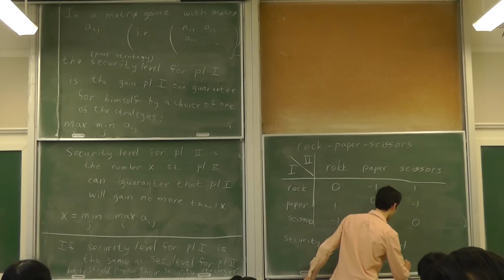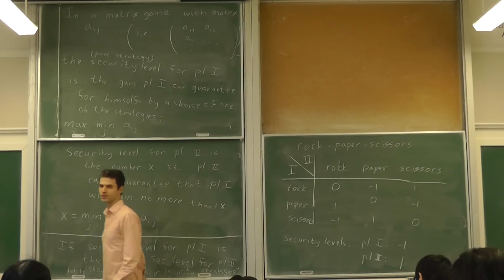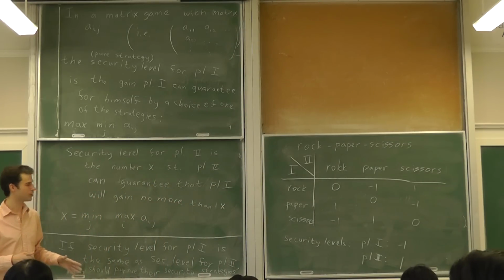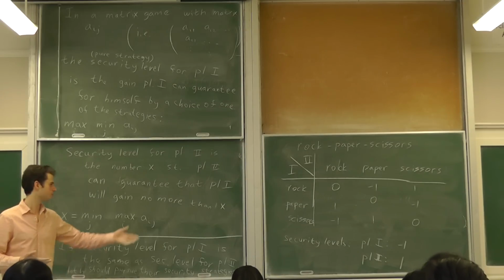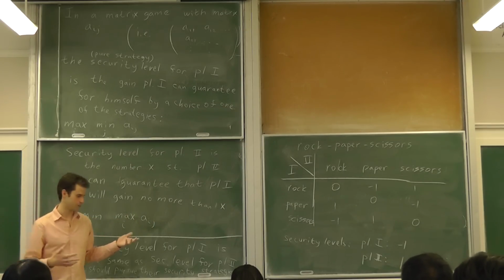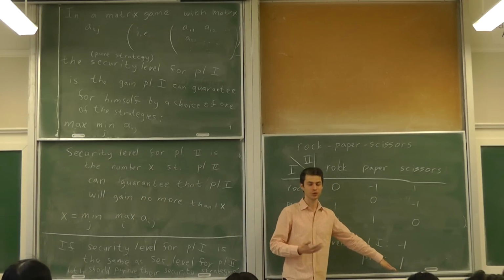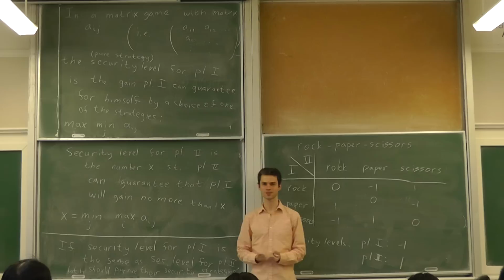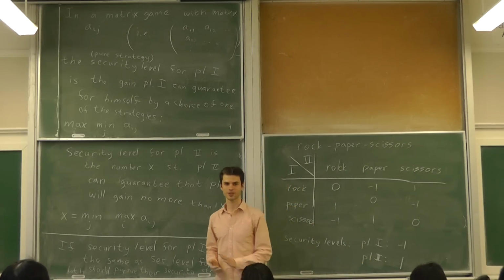So the security level for player number 2 is 1. He can prevent the first player from getting more than 1 point, but he cannot make the first player win 0 points. So the security levels here are quite different.